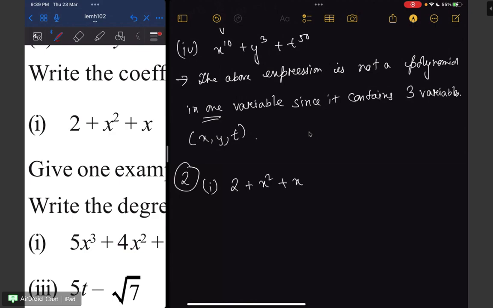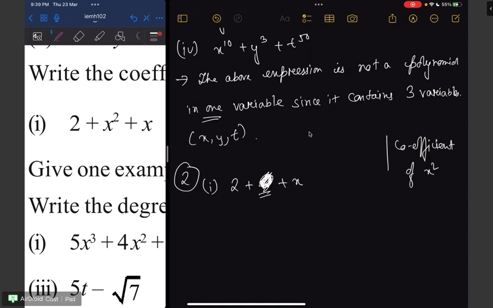We are asked about the coefficient of x square. So what we will do, in that particular term which contains x square, you will hide x square. Imagine that x square is not there. If x square is not there, what do you see in this particular term? We see nothing. That means the coefficient of x square in this particular term is how much?